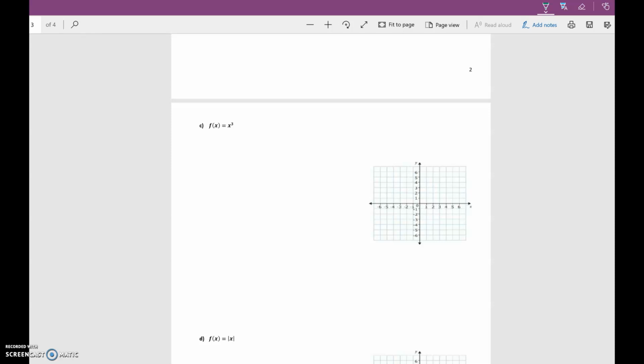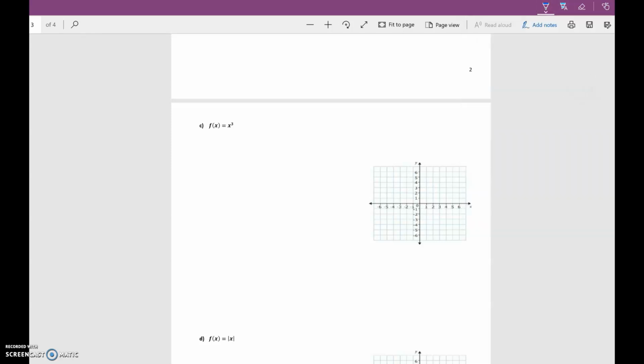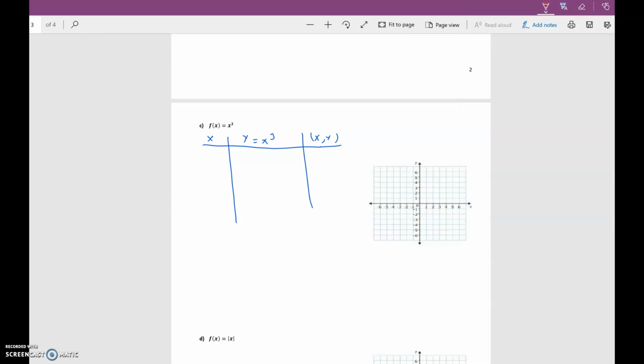Let's go to C. You have x's, y is equal to x to the third, then x's and y's as well. Let me start with -1. So y is equal to -1 to the third. This is -1, or -1, -1.